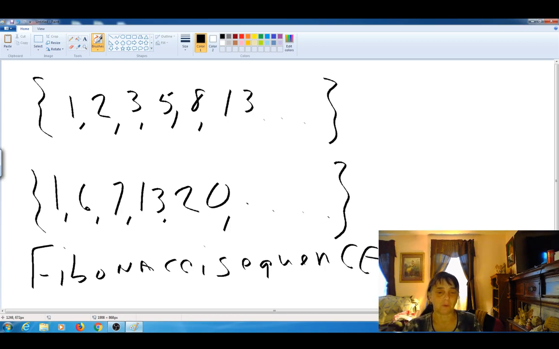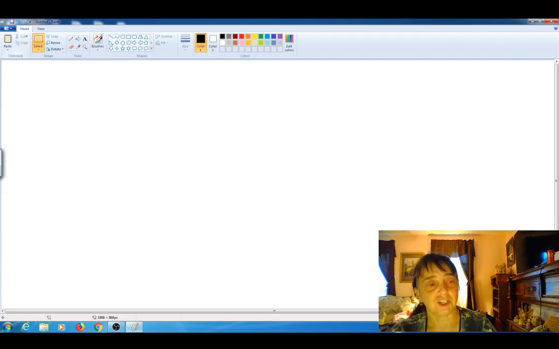And a third type of sequence is called a geometric sequence.